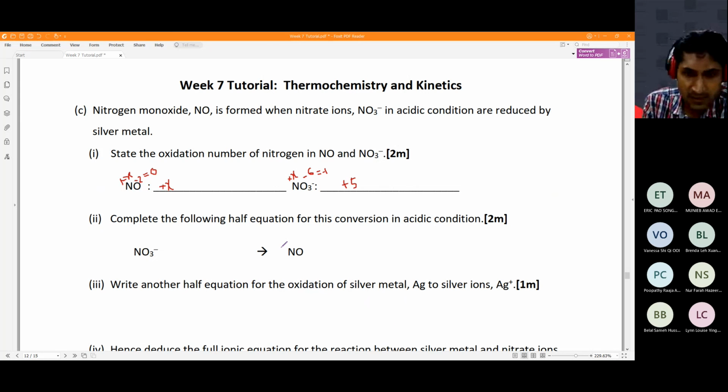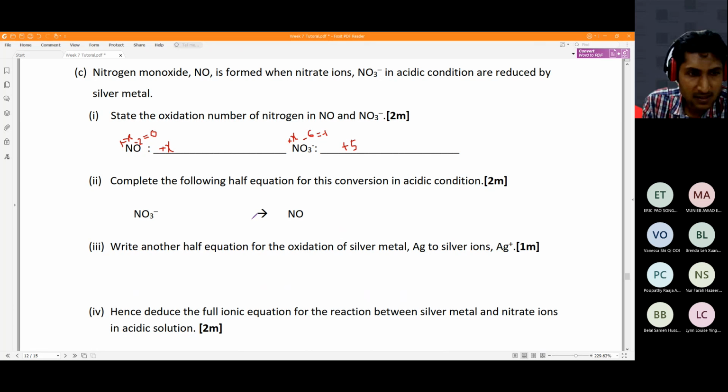Complete the following half reaction for the conversion in acidic condition. For the acidic condition, that means I do not need to bother about where the hydrogen is coming from, right? So nitrate ion is forming the nitric oxide. Two oxygen atoms are left over, so 2 oxygen atoms can produce 2 water molecules.